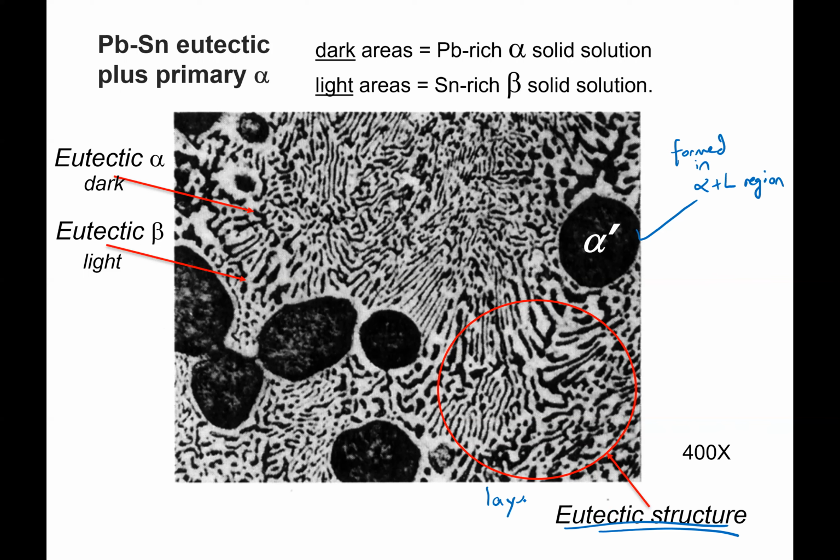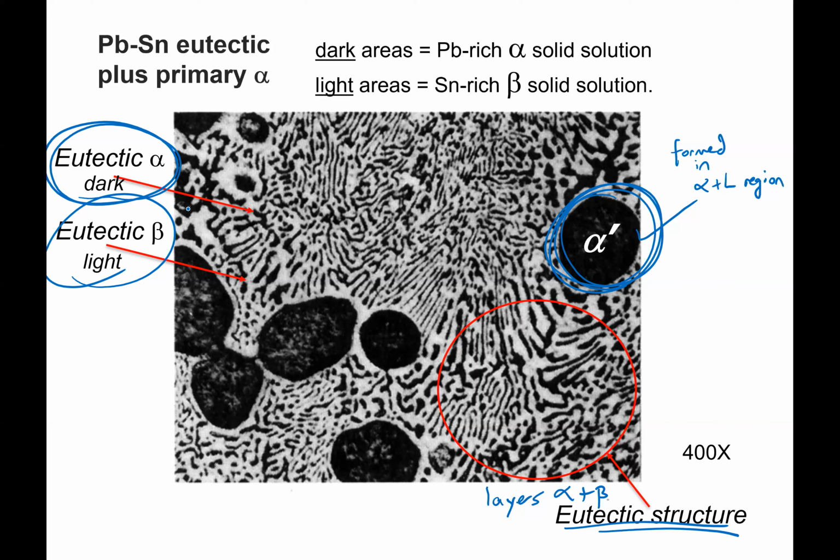That's all that the eutectic structure means: layers of my alpha plus beta. So you can see that in the contrast. Since my alpha in the primary particles is dark, the contrast is going to stay the same, and so my dark layers are also alpha. That's how I can tell which is which in the eutectic structure. So my eutectic alpha is the dark layers, and the beta is the lighter layers.